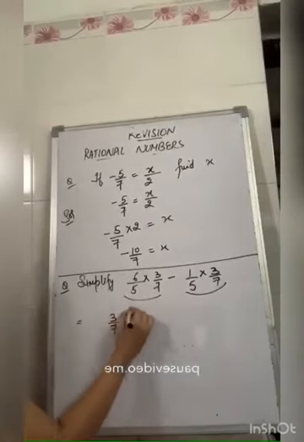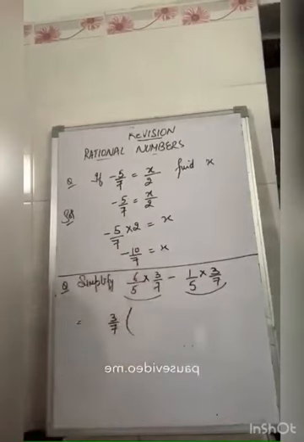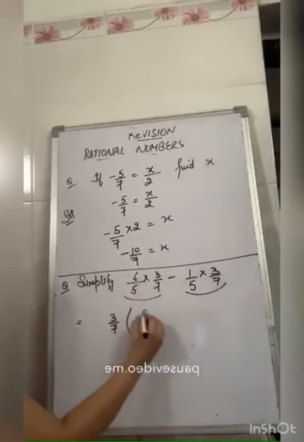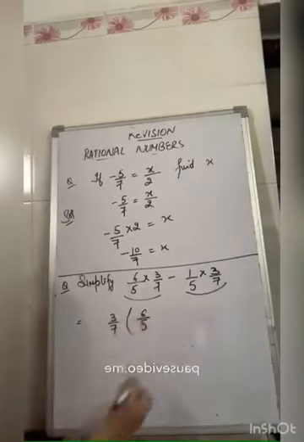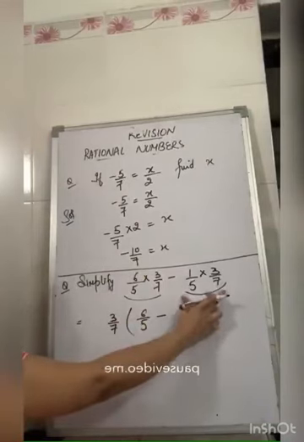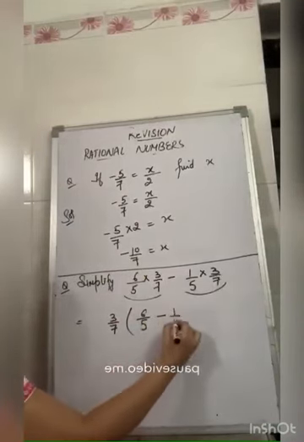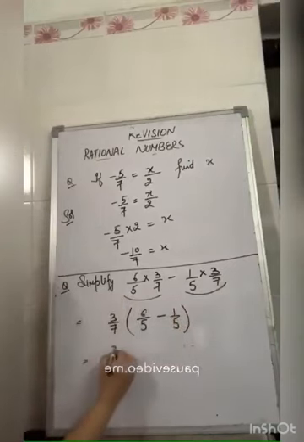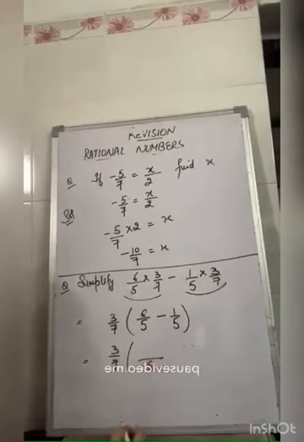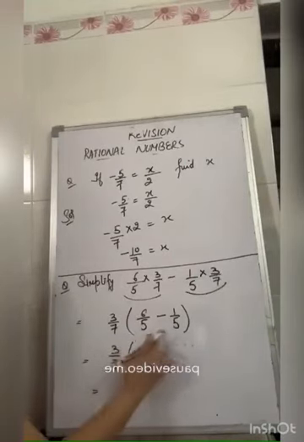When 3 by 7 is taken common from this term, what are we left with? 6 by 5 minus. And when 3 by 7 is taken common from here, then we are left with 1 by 5. So 3 by 7 in the bracket, 5 is the LCM, 6 minus 1, as the denominator in both the rational numbers was 5.